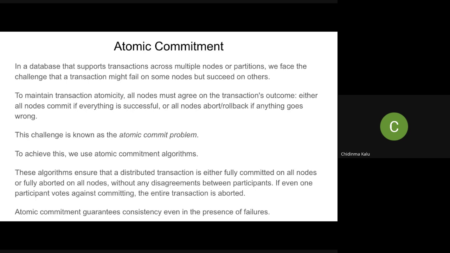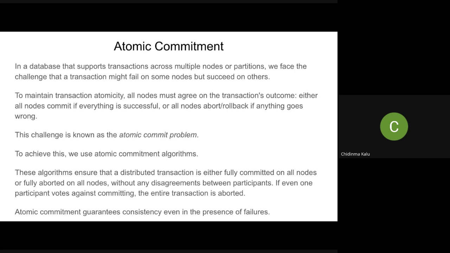I had to research because I kept saying atomic commit and atomic commitment. And I had to put it down that the challenge of making all of these multiple nodes or partitions act like a single atomic transaction is to achieve atomic commitment.